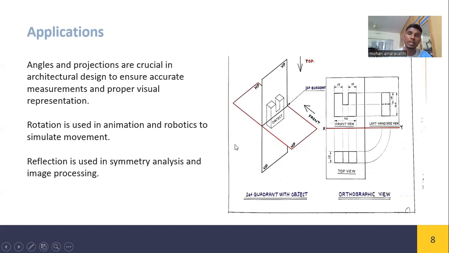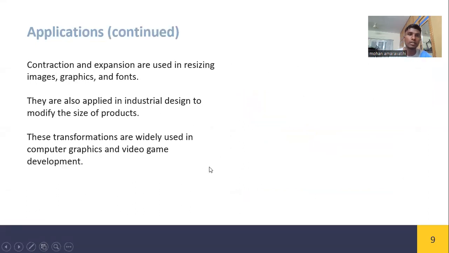HP means horizontal plane, VP means vertical plane, with front view, left-hand view, top view and back view. They are also applied in industrial design to modify the size of products. These transformations are widely used in computer graphics and video game development. Contraction and expansion are used in resizing images, graphics, and fonts.